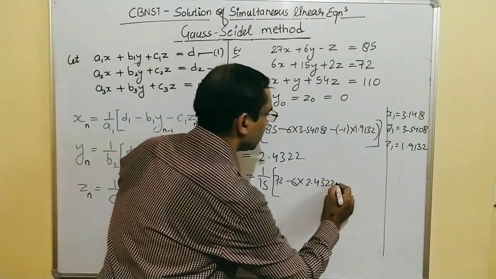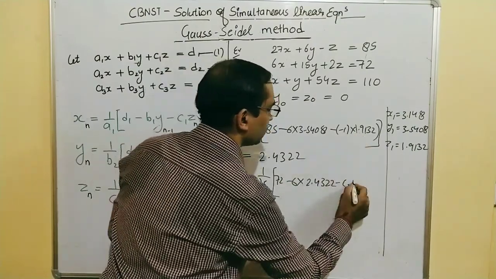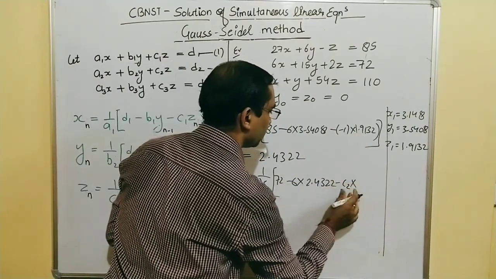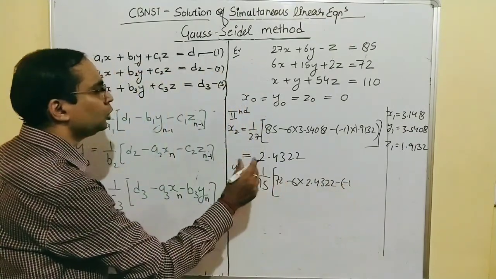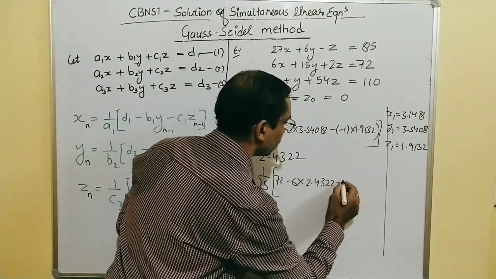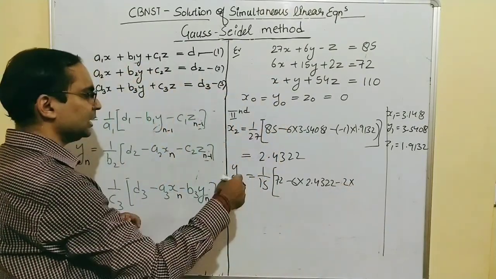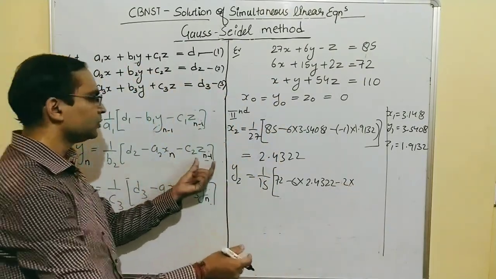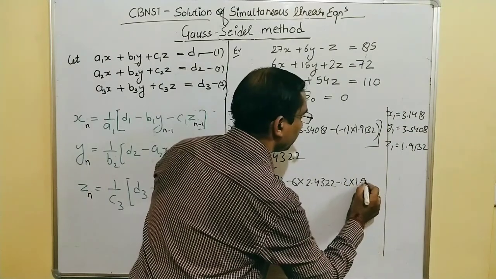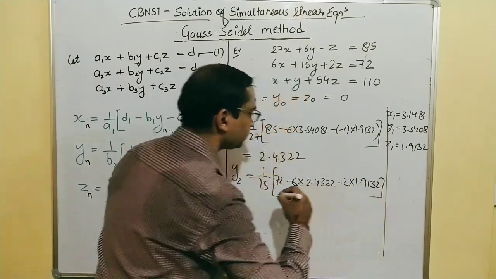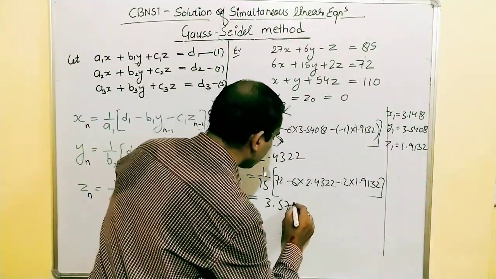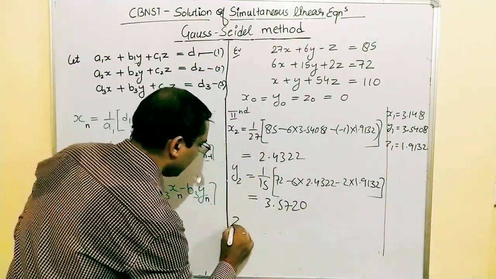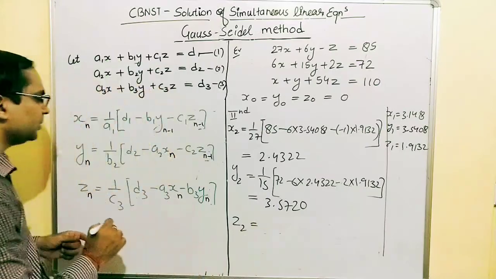Then minus c2, that is 2, cross the latest value of z, so this is 1.9132. So this is y2, 3.5720.